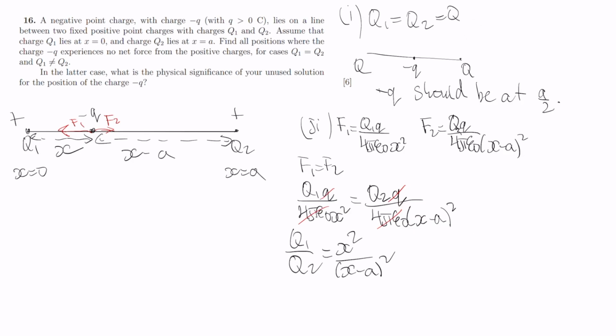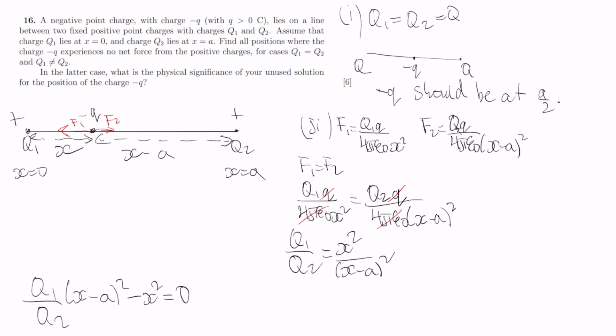Okay, so this is looking like it will probably turn into an interesting quadratic equation. Let's see what's the best way of dealing with this. I'm going to multiply Q1 over Q2 by x minus a squared, and then this thing here equals x squared, so this take away x squared will just be equal to 0.